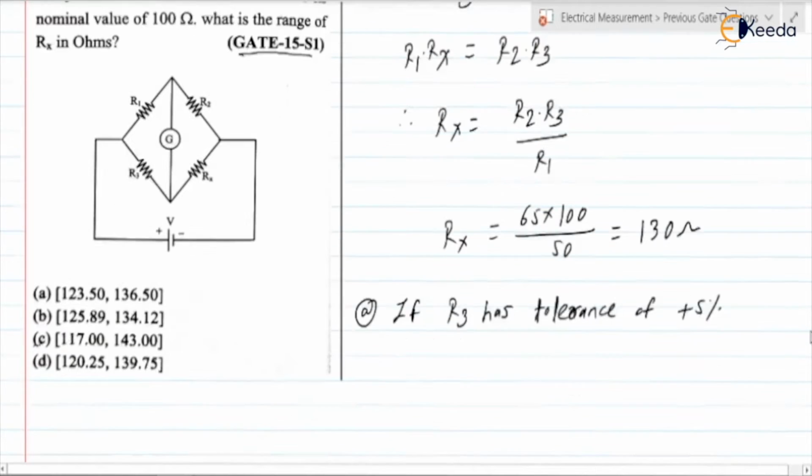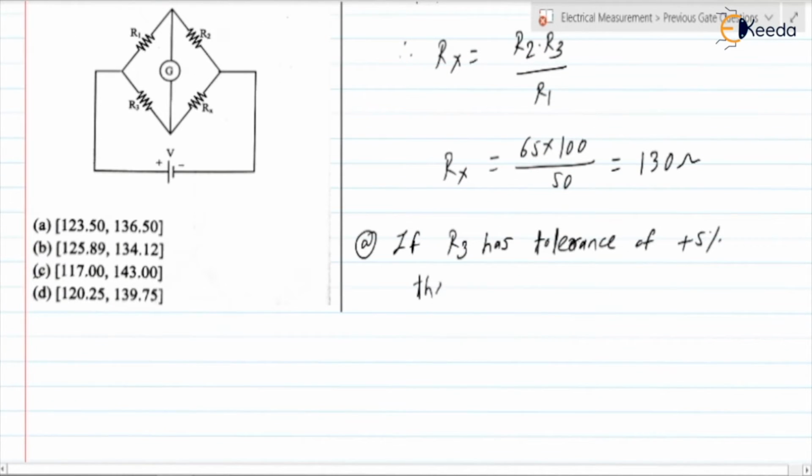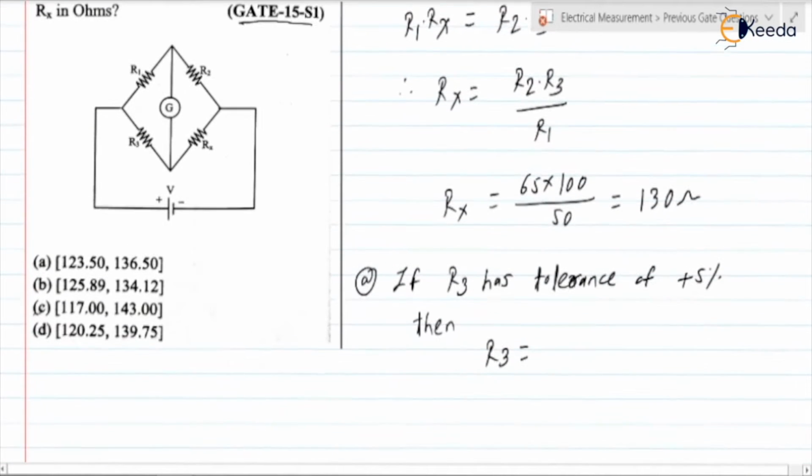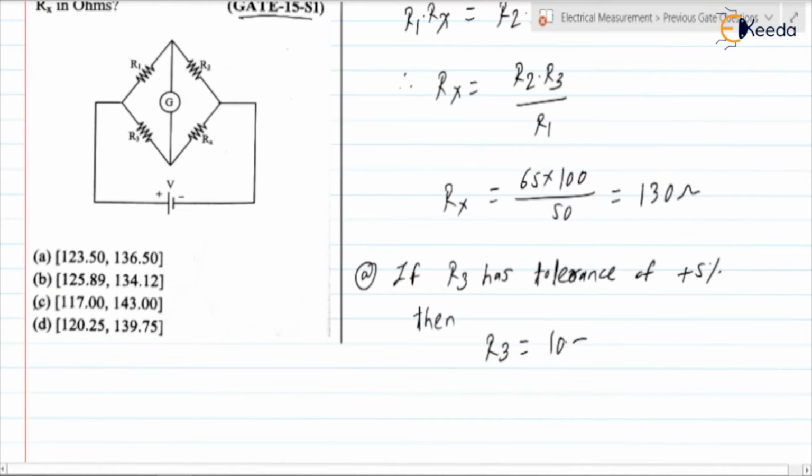Then we can write R3 is equal to 100 plus 5% of 100, that is 100 plus 5 by 100 into 100, so it is 100 plus 5, that is 105 ohm. So if R3 has a tolerance of plus 5%, the meaning is R3 is equal to 105 ohm.